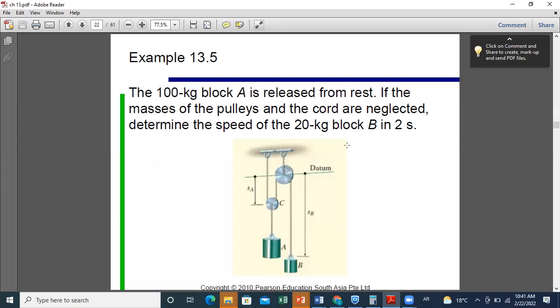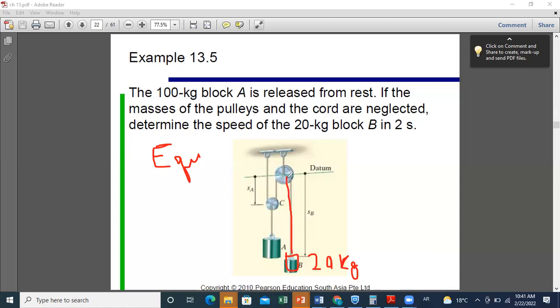But here, how can you make sure? Let us say the weight of B is 20 kilogram. What is the weight of A to have equilibrium conditions? Assume equilibrium. If you have equilibrium, what will be the tension in this cord here?